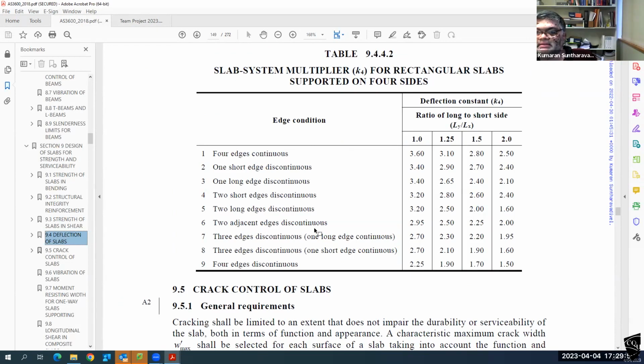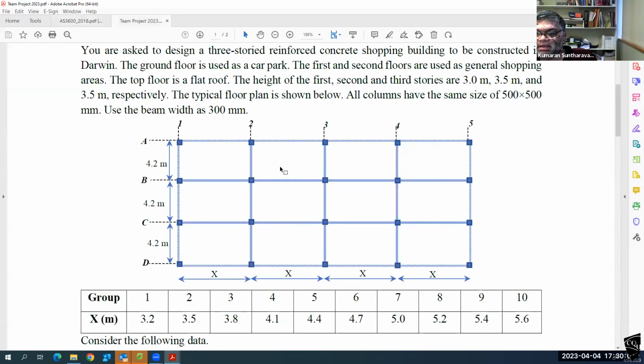Only one edge is discontinuous, and that is 3.8 for group 3. That is the shortest length because 4.2 is the longest. For some groups, this is the longest, and for some groups, it is the shortest.